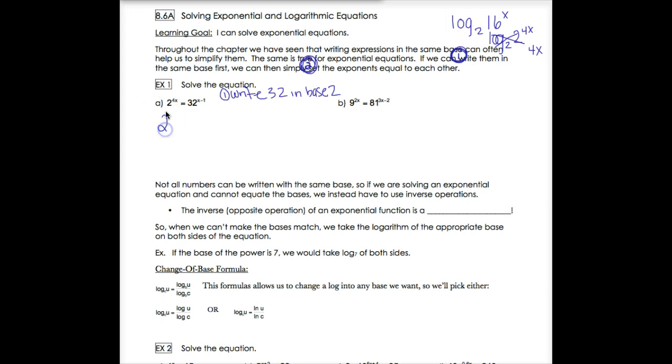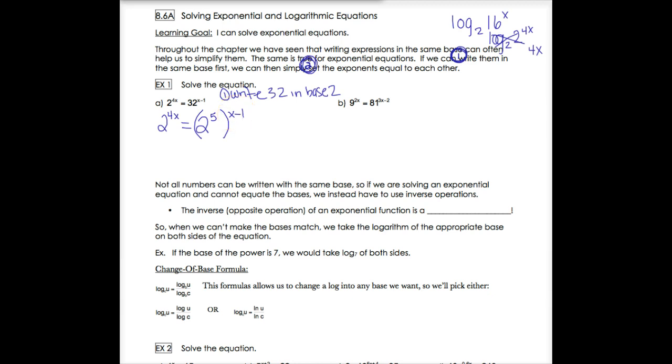So the 2 to the 4x is staying the same, but I'm rewriting 32 in base 2. So 32 is 2 to the fifth power. Now, the exponent is going to stay the same. It was x minus 1. But now that I've made my little substitution, I've got 2 to the fifth to the x minus 1, which means now I'm using exponent rules.